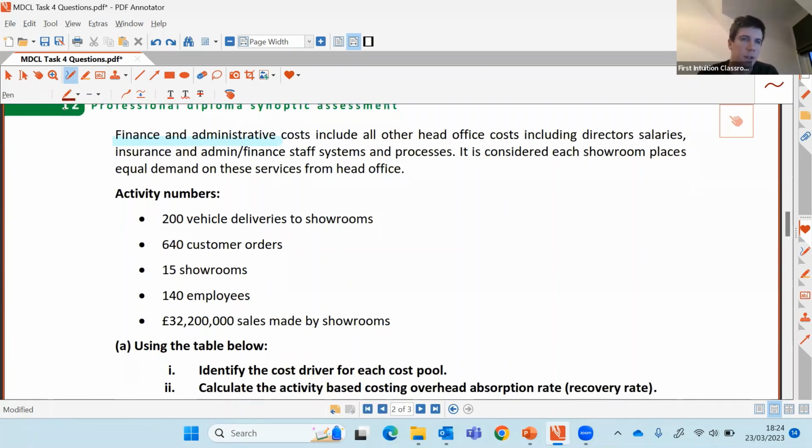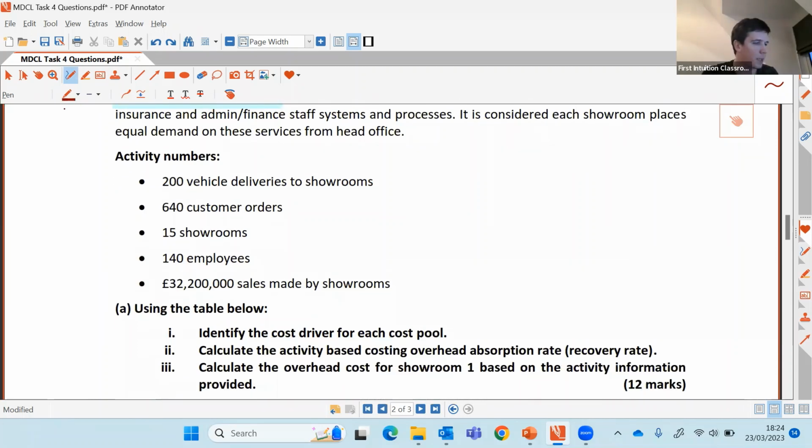What you are given at the top of page 12 are also the activity numbers. So you're told, as you can see, that there are 200 vehicle deliveries, 640 customer orders. There are 15 showrooms, 140 employees, and then 32.2 million pounds in sales made by the showrooms. And as I said, I'm going to worry about each one in turn.